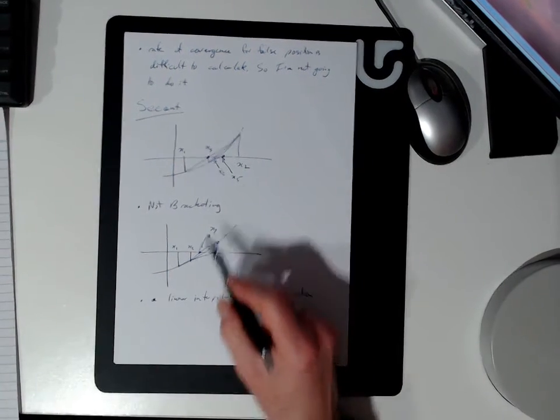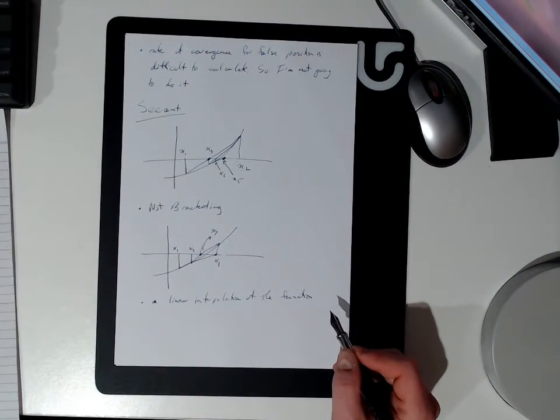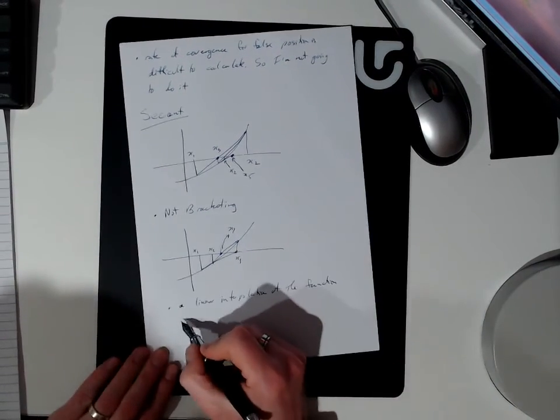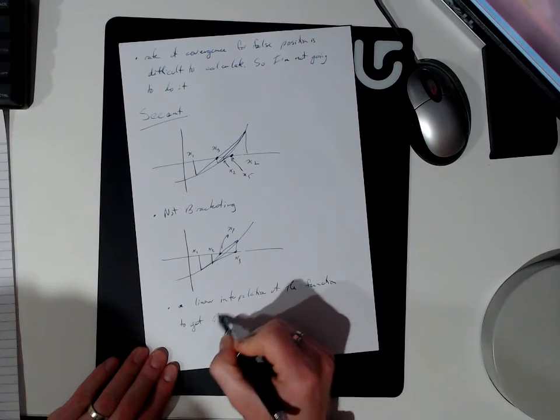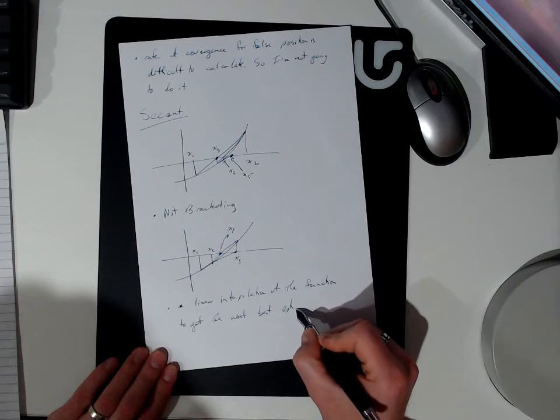So the line that I'm drawing here is basically the algorithm trying to guess where the function goes through the x-axis. So it's assuming that the function is a straight line, which is not necessarily true, but anyway, linear interpolation of the function to get the next best estimate.